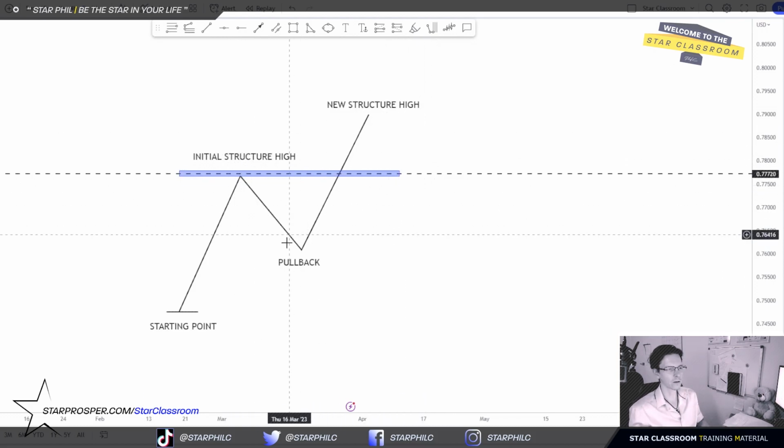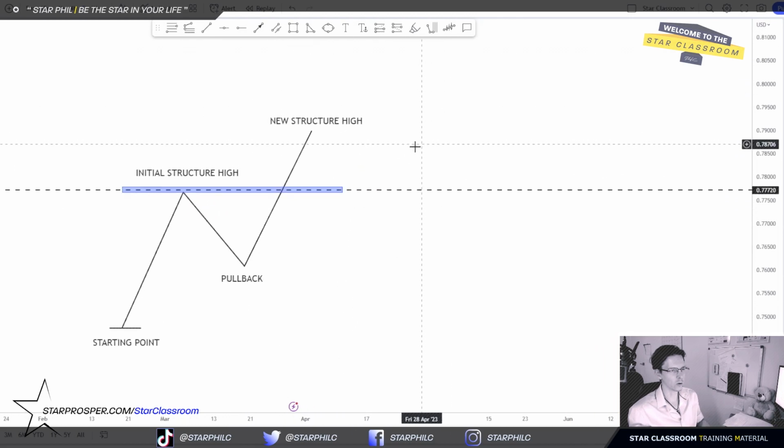Initial structure high, pullback, new structure high. Now let's take our decision point and draw in a higher high, higher close. So grab pen or paper, workbook. We need to have the market give us a higher high, higher close than the previous high. What does that look like?